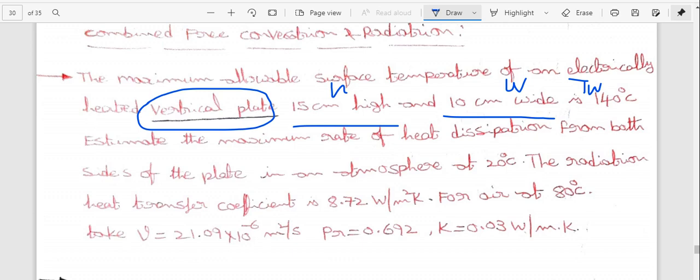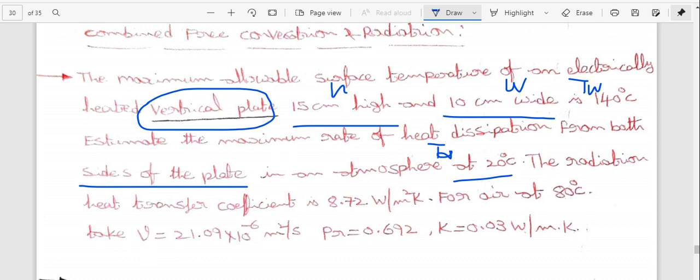Estimate the maximum rate of heat dissipation from both sides of the plate in an atmosphere at 20 degrees. The ambient temperature is equal to 20 degrees, and we calculate the heat dissipation from both sides of the plate.